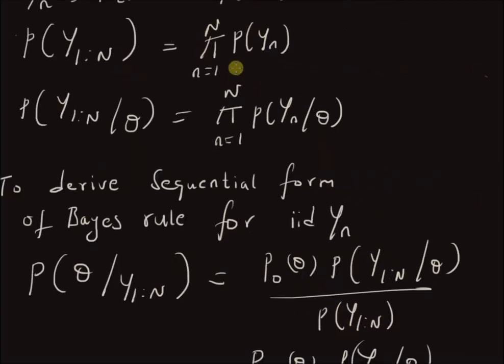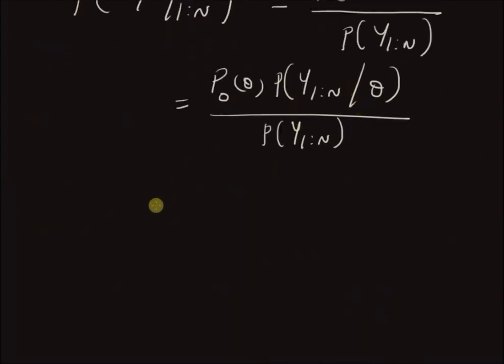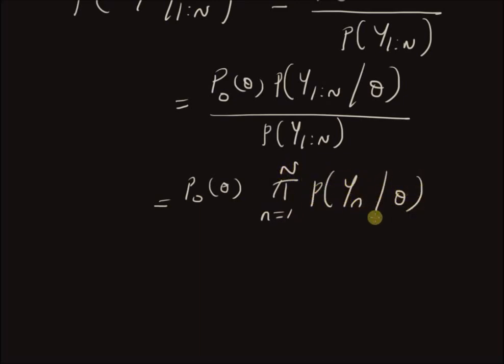Now by using the condition of IID, since the measurements yn are all IID, we can use the definition of this joint PDF as the product of individual PDFs. We can rewrite this Bayes rule as P naught of theta multiplied by the product n equal to 1 to N P of yn given theta divided by the product n equal to 1 to N P of yn.